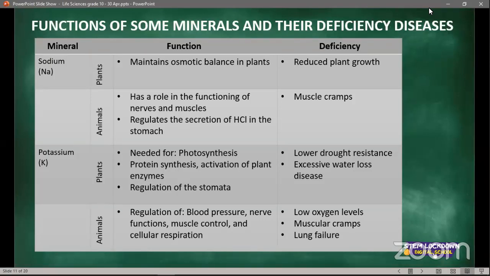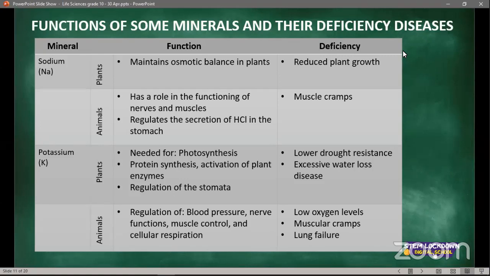Now the function of sodium in animals: it has a role in the functioning of nerves and muscles, and it regulates the secretion of HCl in the stomach.